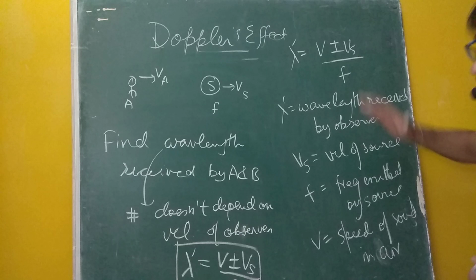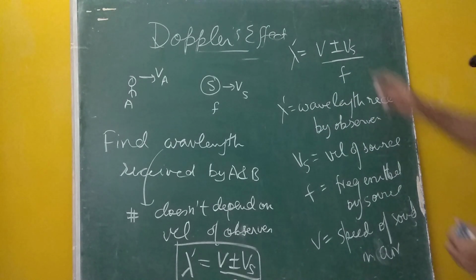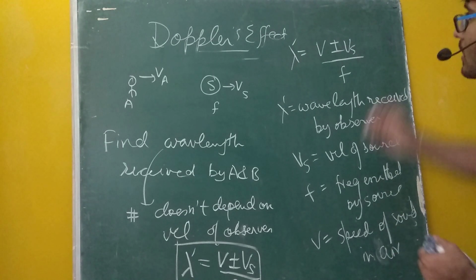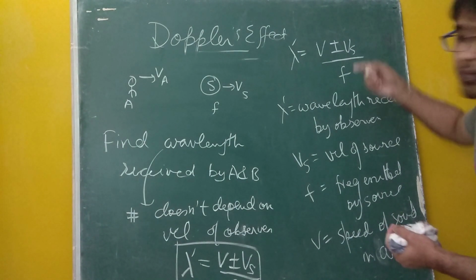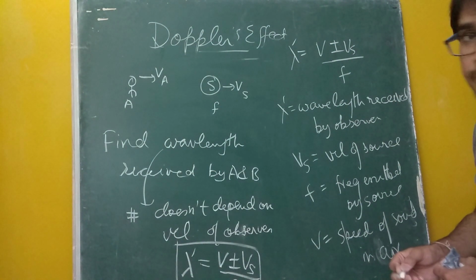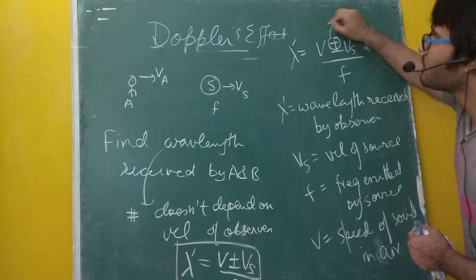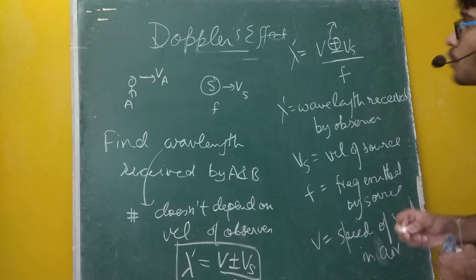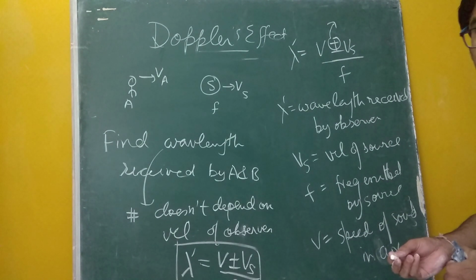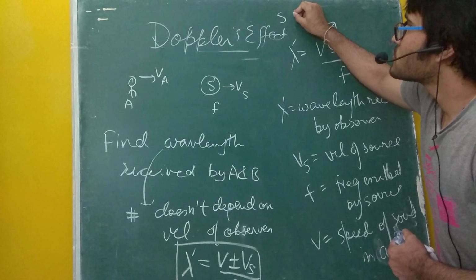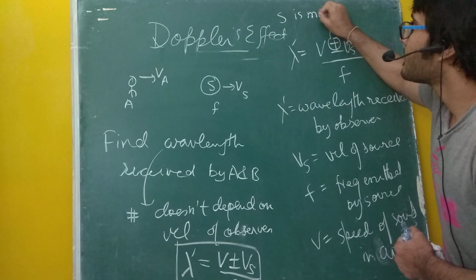Now let's apply this concept and understand when to use the positive sign and when to use the negative sign. You can remember it automatically: I will use the plus sign when the source is moving away from the observer.